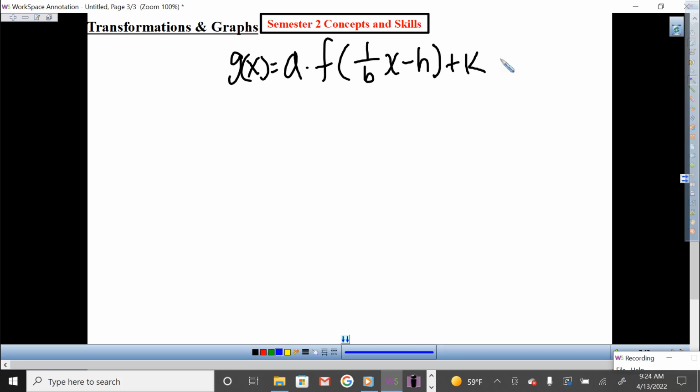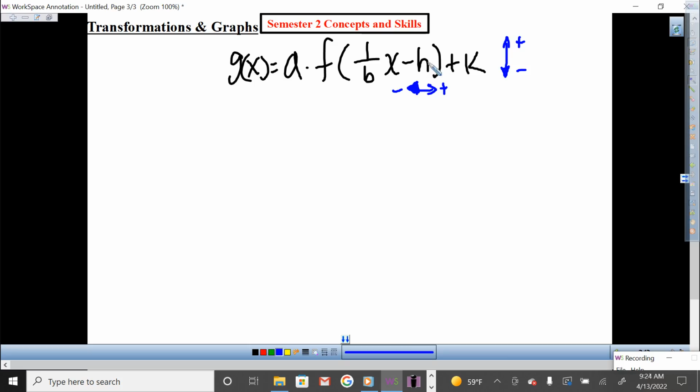All right, so if we substitute for k a positive, it goes upward. But if it's a negative substituting in there, it's downward. If we substitute a positive number for h, it goes to the right. But if we substitute a negative number in here, it goes to the left. And now check this out. This is where some of you make a mistake. Look up.